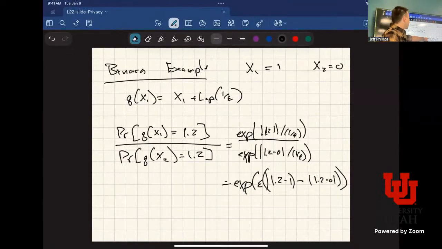So it's always these off by 1 here, right? And this will exactly be exp of epsilon.